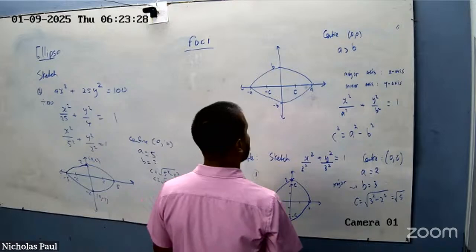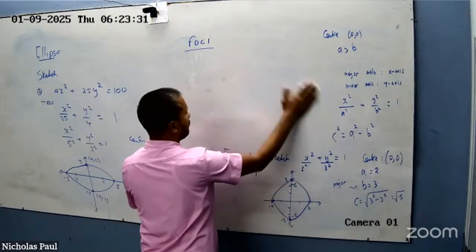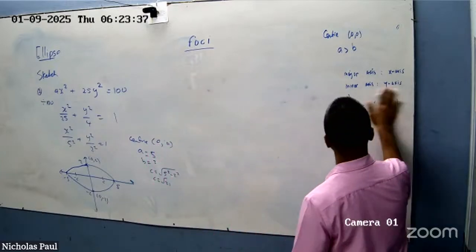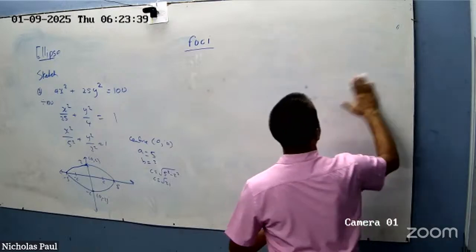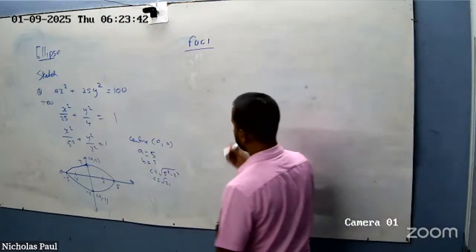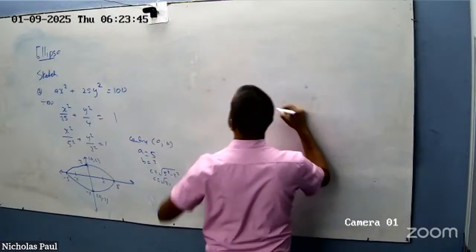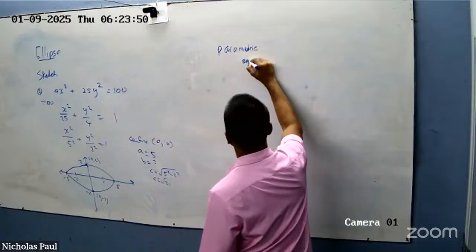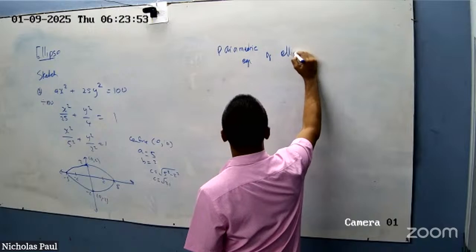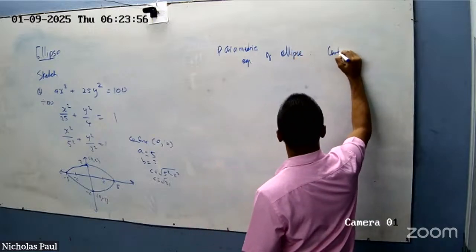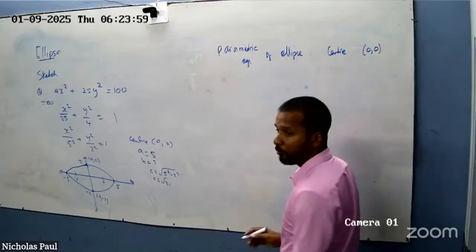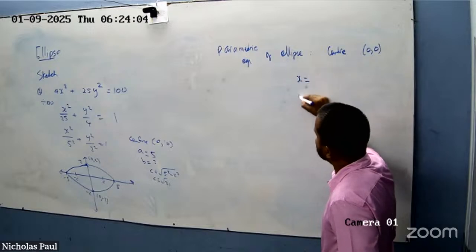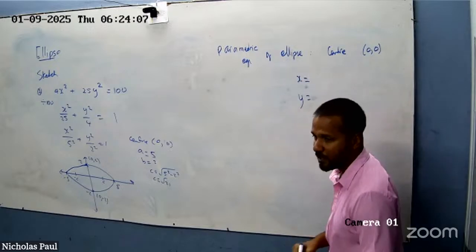I know we don't have much time. Look back at the parametric equation of a circle with center 0, 0, and see if you can help me get the parametric for an ellipse.